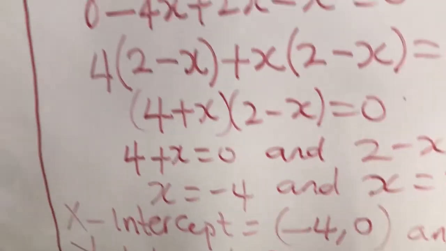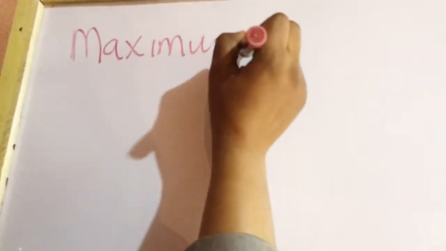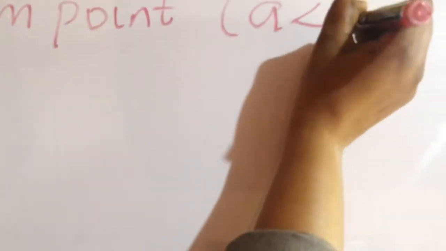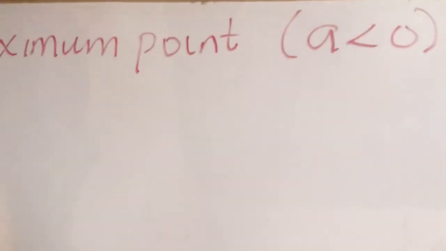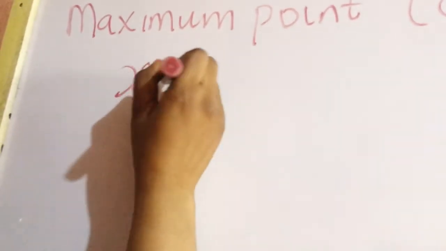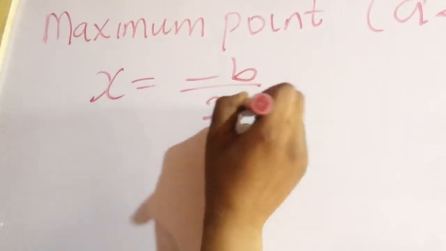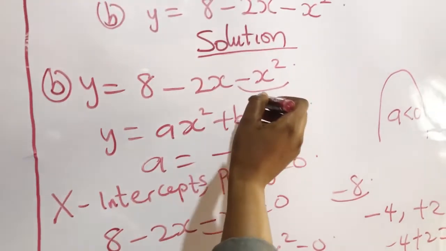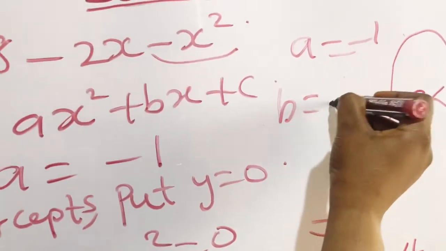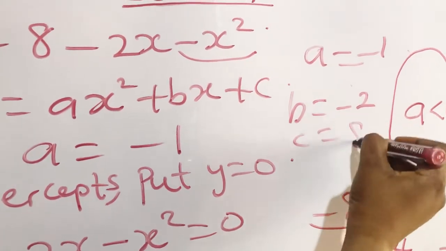So the turning point will be a maximum point, because a is less than 0. And the maximum point occurs when x is equal to minus b over 2a. So from this polynomial, a is minus 1, b is minus 2, and c is equal to 8.